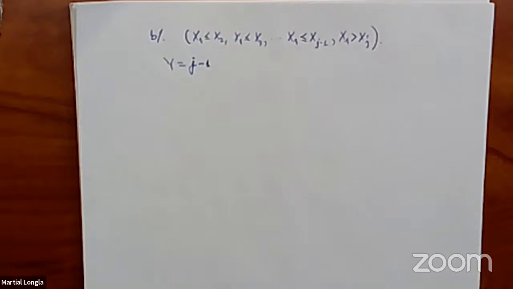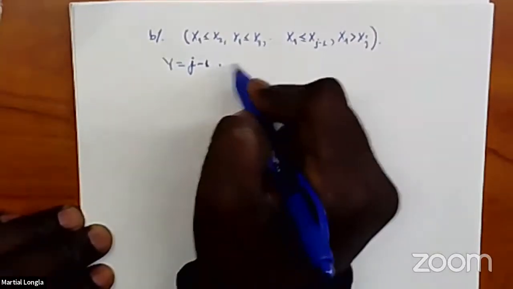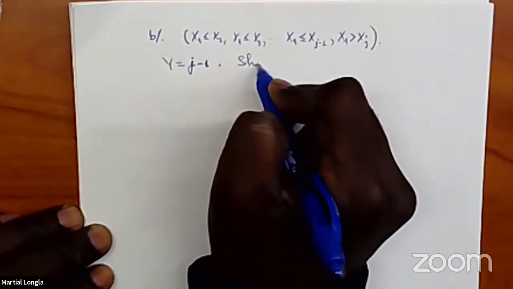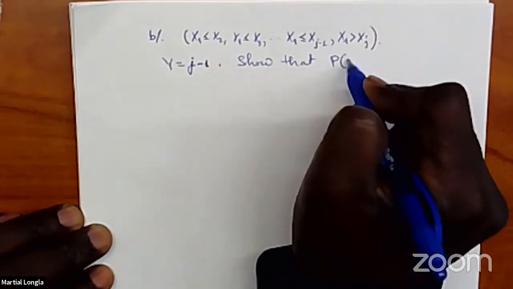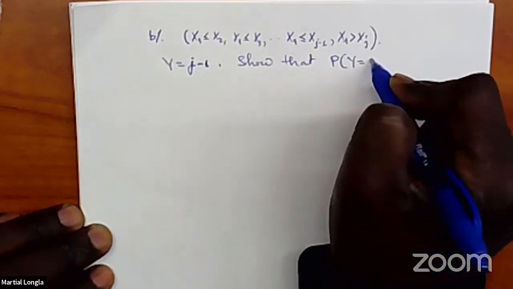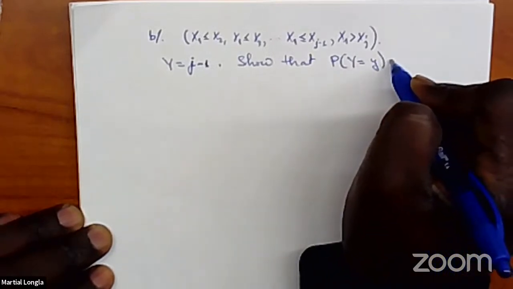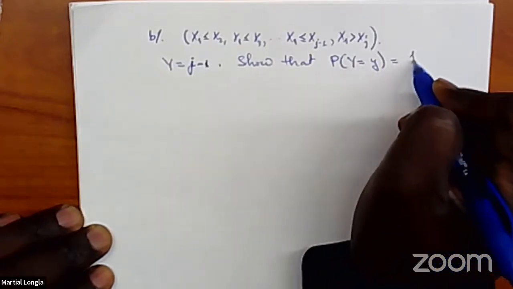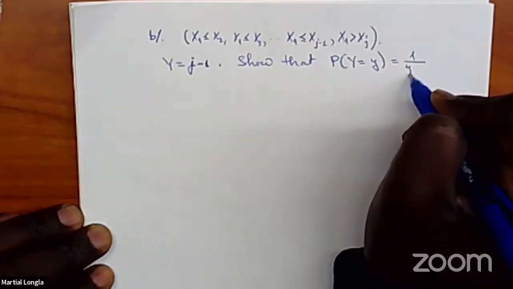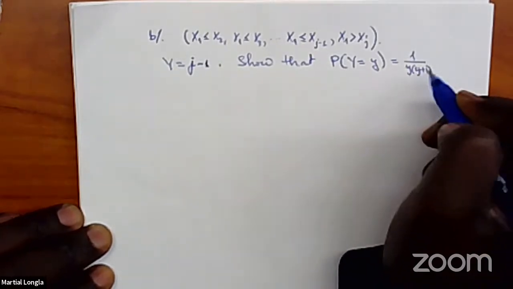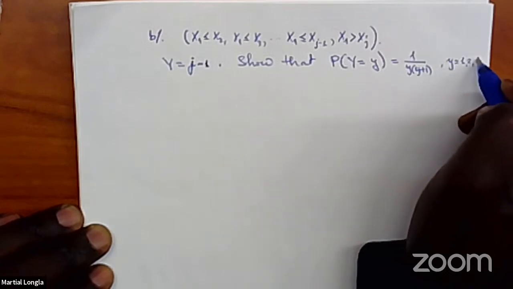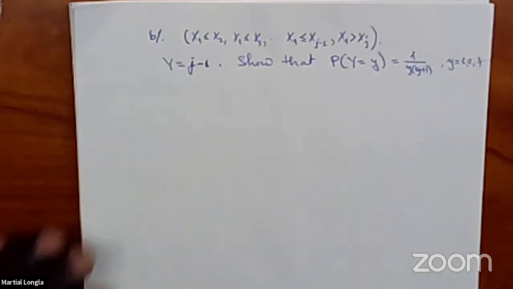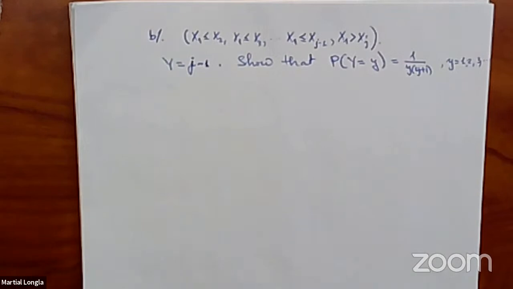And the question is, show that the probability that capital Y equals little y is equal to 1 over y times (y plus 1), for y equals 1, 2, 3, and so on, all the way to infinity.